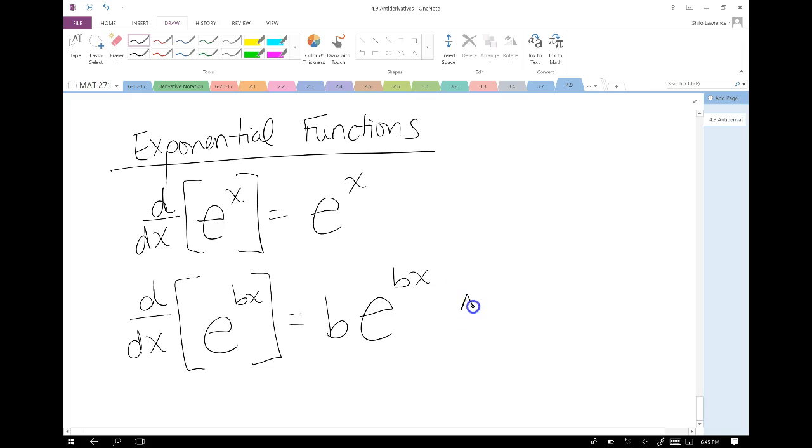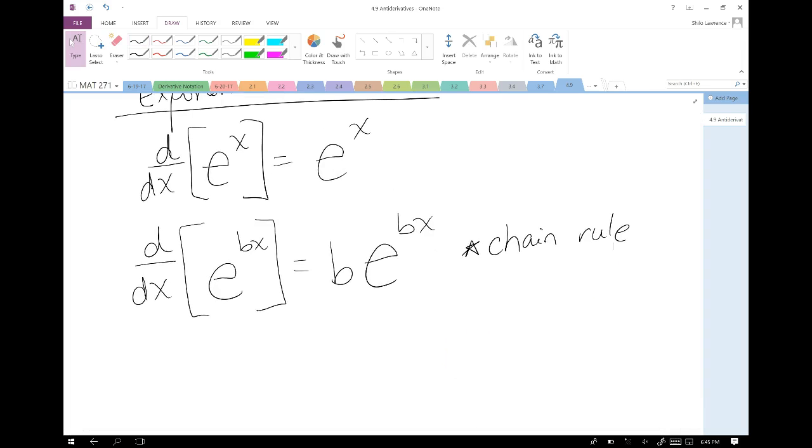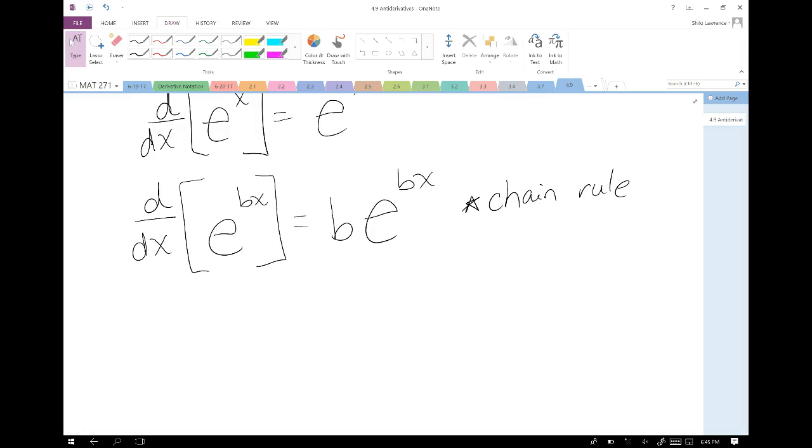And that's the chain rule, just like with the trig functions we just did. So we're going to do the exact same thing we did with the trig functions with the exponentials. So for antiderivatives, we're going to divide by the derivative of that exponent.